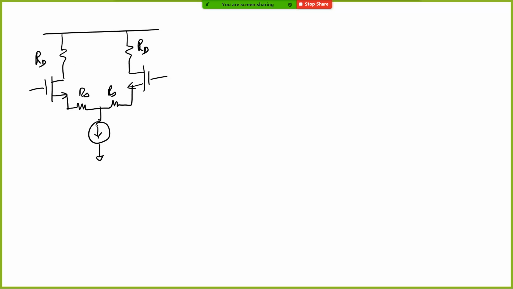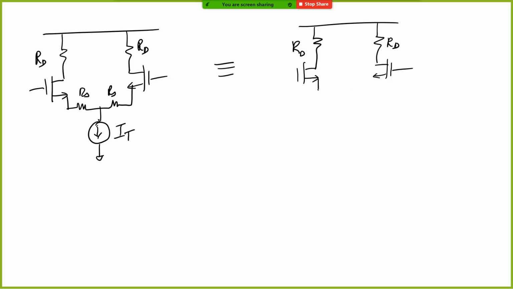Now this can also be written, let's say this is I tail, it can also be realized as something like this. This is RD. You have two MOSFETs, and you have a single resistor whose value is 2 times Rs. And you have I tail by 2 and you have I tail by 2. So you will see circuits like this.